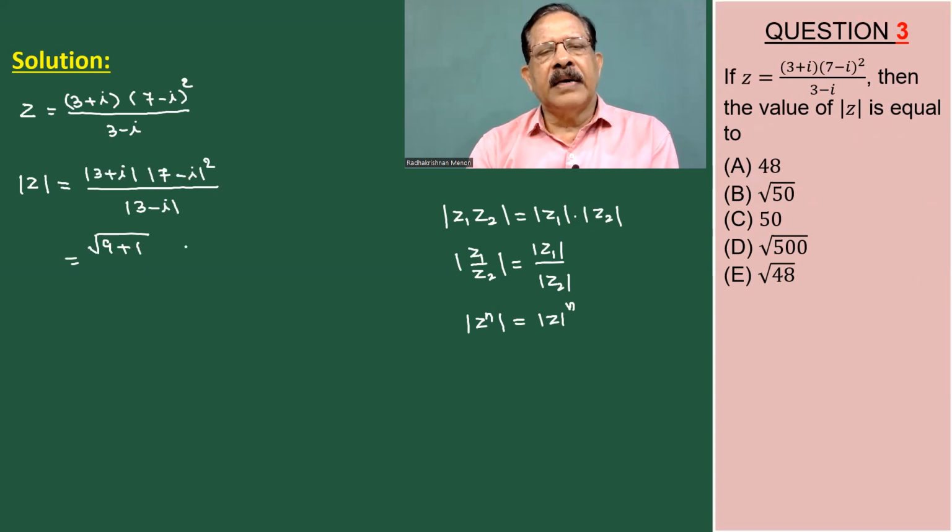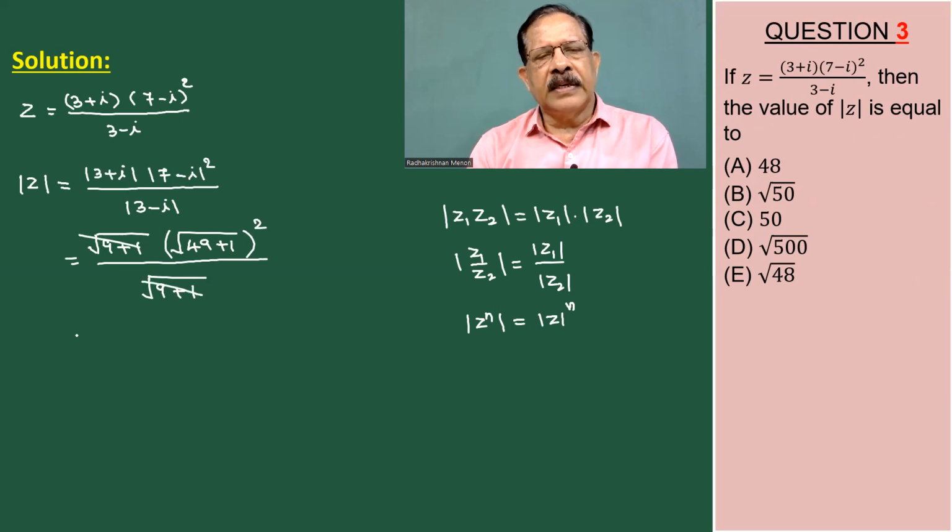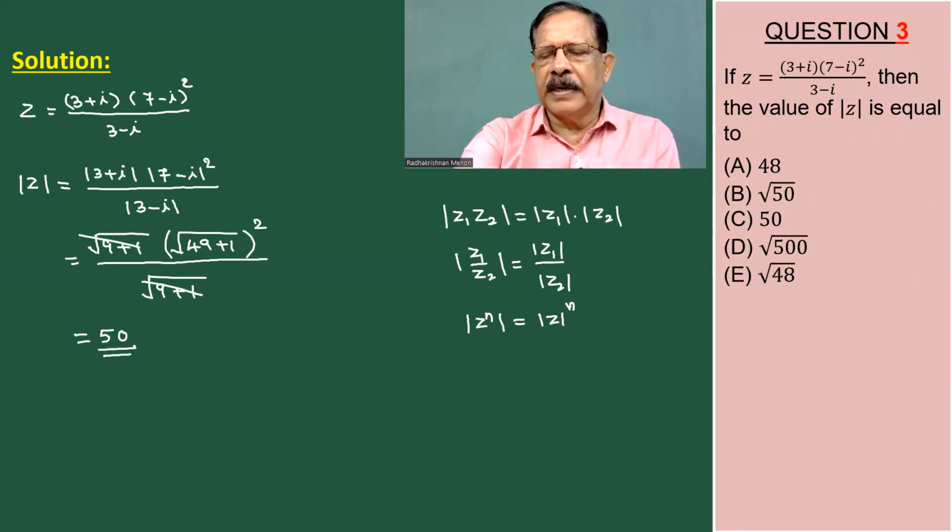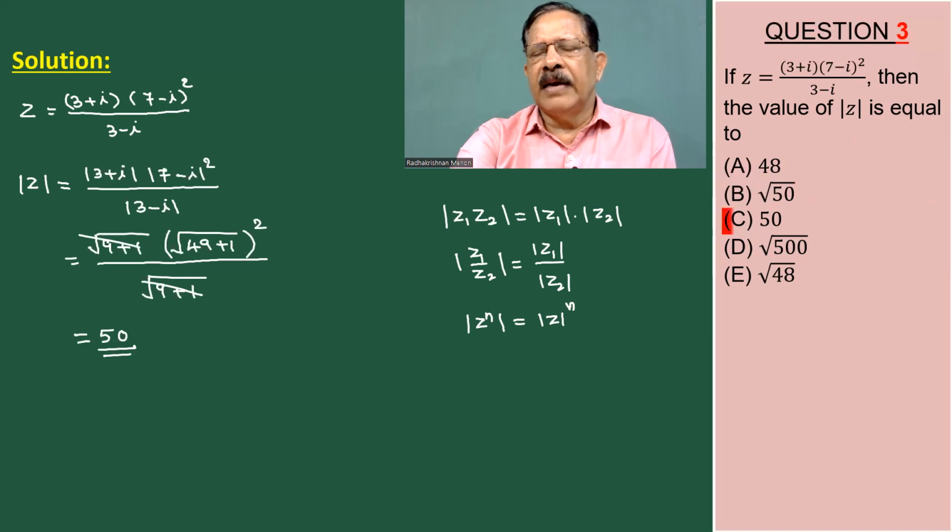Modulus of 7 minus i squared is root of 7 squared, 49 plus 1, the whole squared. In the denominator, modulus of 3 minus i is root of 9 plus 1. So root 10 gets cancelled, and the answer is 50. We are using the property and evaluating it. The answer is option C.